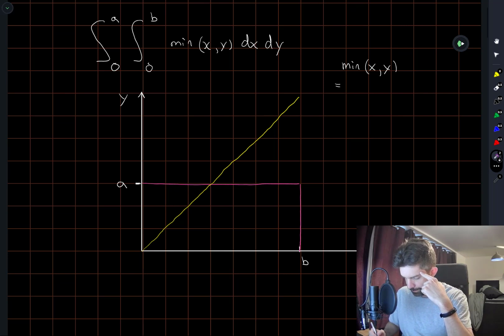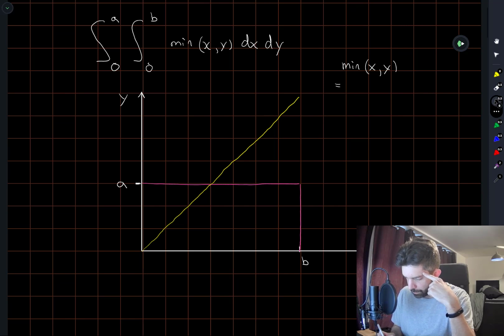So the minimum of x and y is equal to y, if y is less than or equal to x, of course. Or it's equal to y minus x if y is greater than or equal to x.